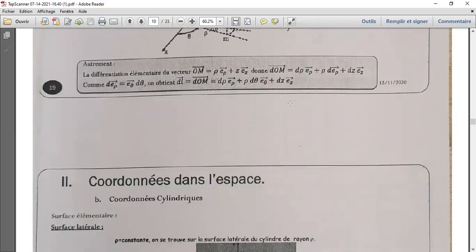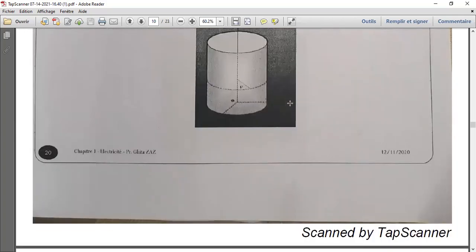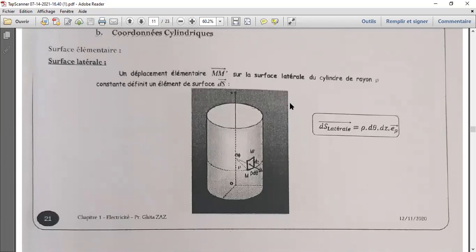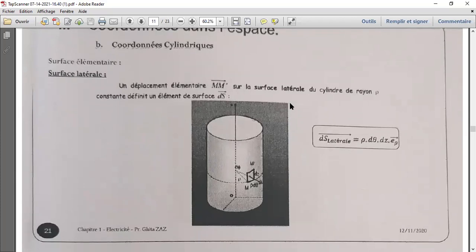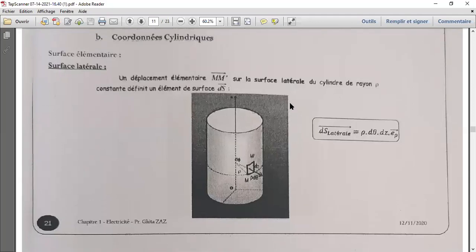So when you have been asked to find the surface element, basically they will tell you which one is constant. For example, the lateral surface, where they have told you that the radius rho is constant.